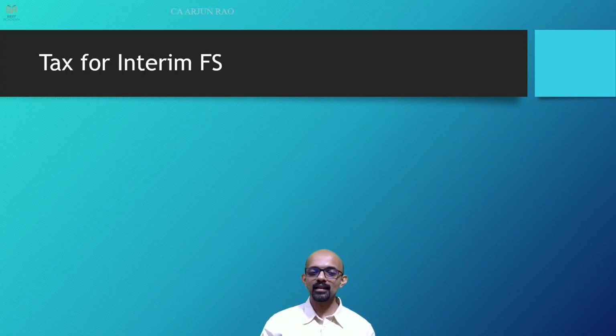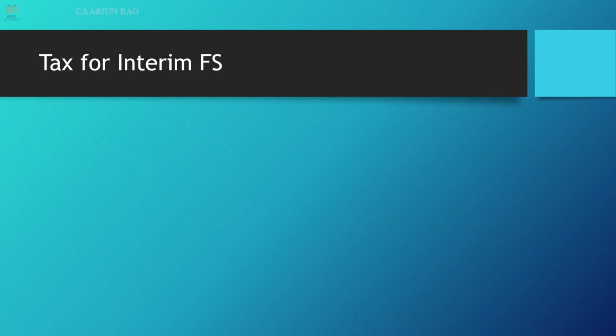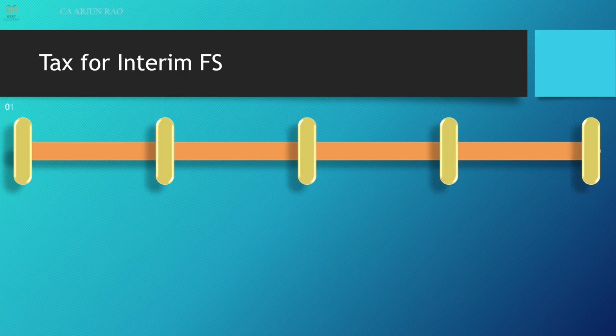Insofar as the computation aspects are concerned for tax for the interim financial statements, these are the steps that we follow. At the end of each interim period, let's say we are looking at the year 2025-26, that is June 2025, period ending September, December 25.